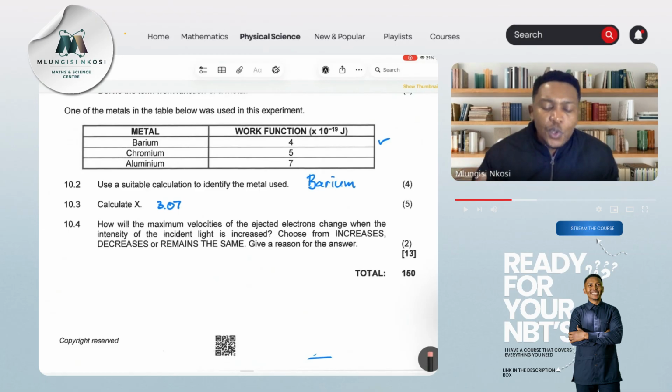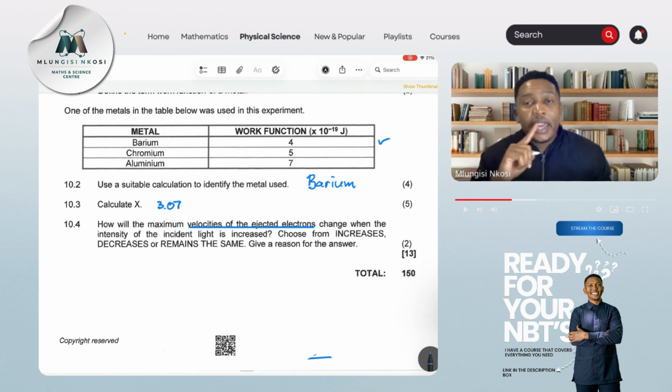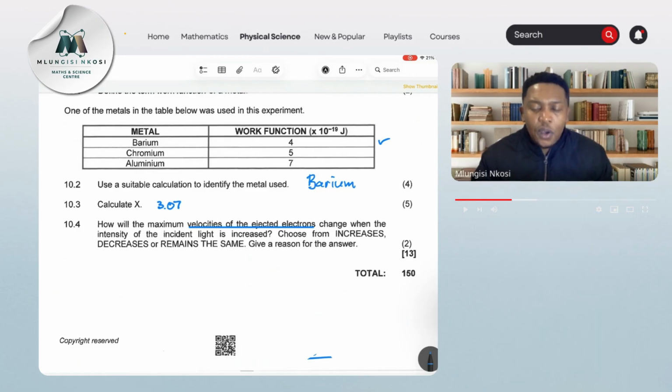So they are increasing the brightness, and they want to know how will the velocities be affected. Now remember that the only thing that can affect velocity is the frequency of light, which will affect the energy of the incident light. So in that case, it means that the energy will remain the same.